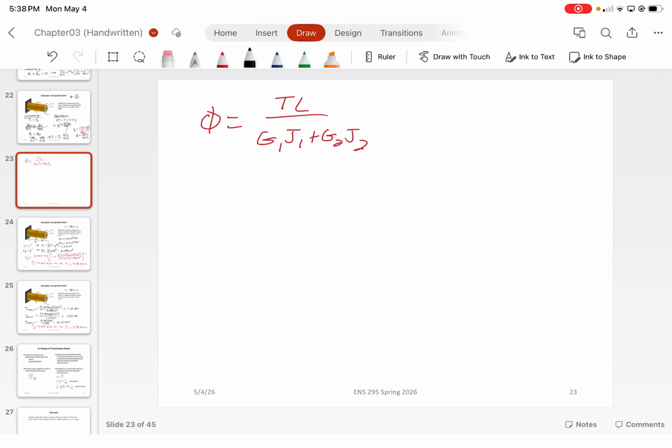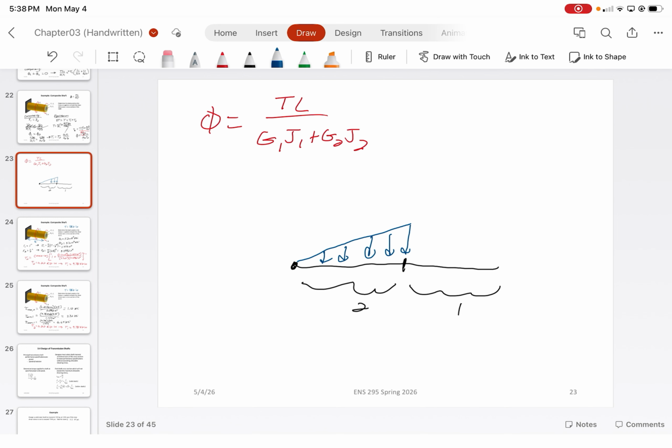And so if we were to draw that, let's say that this is the radial point, and this is the interface point where all of this is 2, and all of this is 1. Our shear stress distribution would look like this. This would be tau max 2.